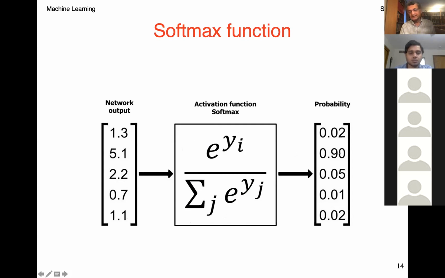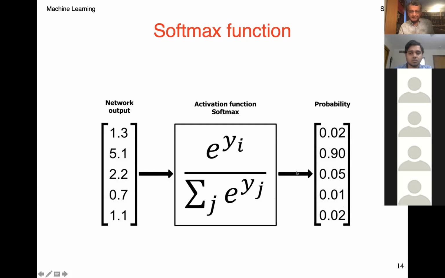That comes out clean. It comes out as a probability 0.02, 0.9, 0.05, 0.21, and all of them add up to 1. And you see the 5.1 became 0.9 and 0.7 became 0.01.